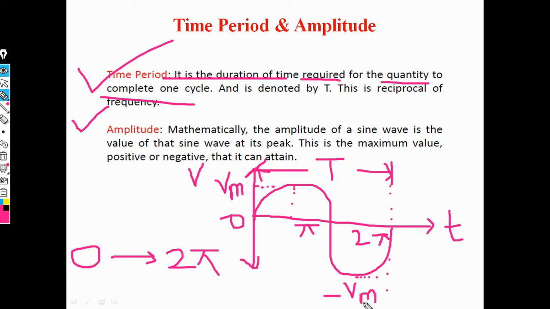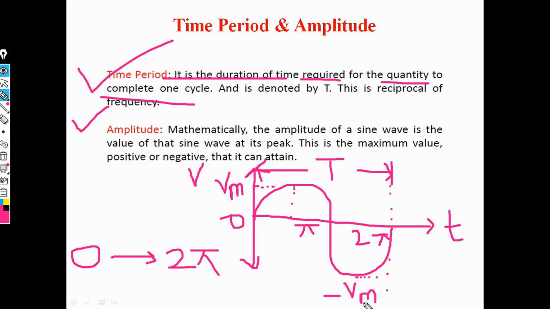The amplitude of the sine wave depends on the maximum value of the sine wave at its peak value, and this maximum value can be positive or negative. This is the concept of time period and amplitude.